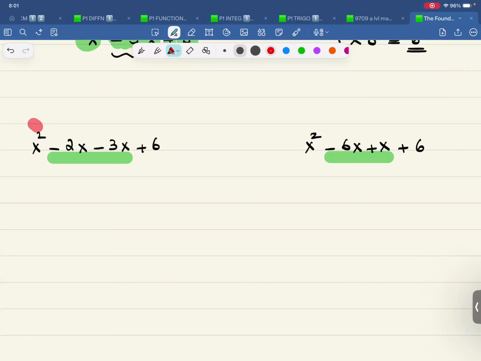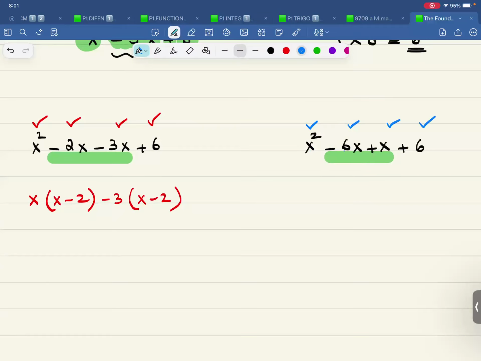Now, if I factorize by grouping, in this first one, when I take common, this is x bracket x minus 2, this is negative 3 bracket x minus 2. Over here, when I take common, what will happen? X square minus 6x, that is x into x minus 6. This is 1 into x plus 6.